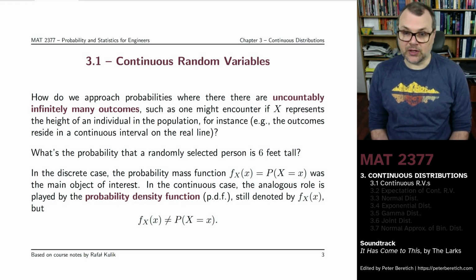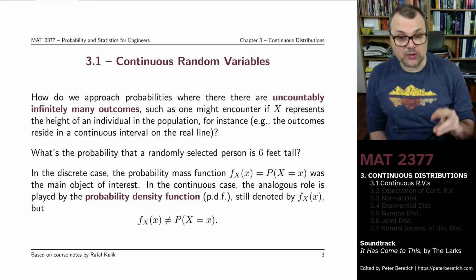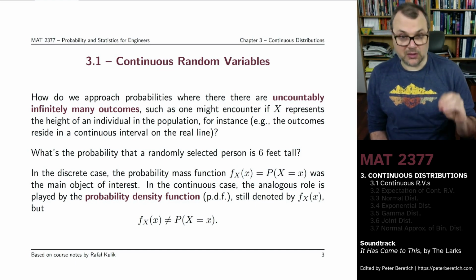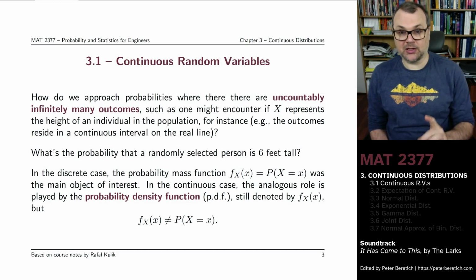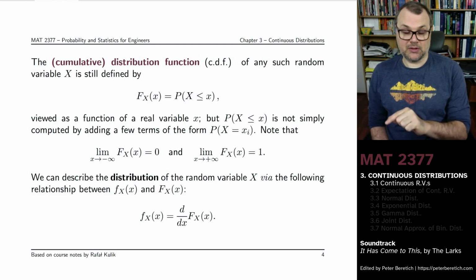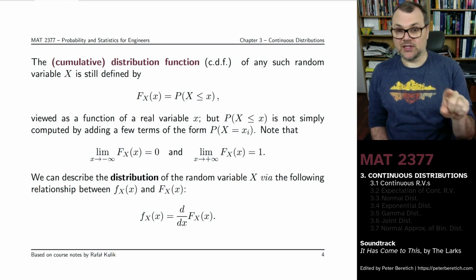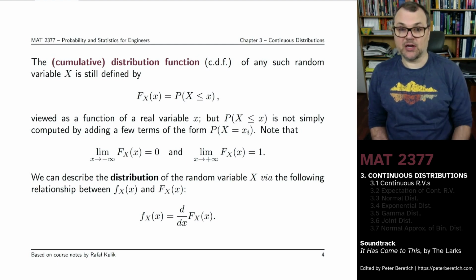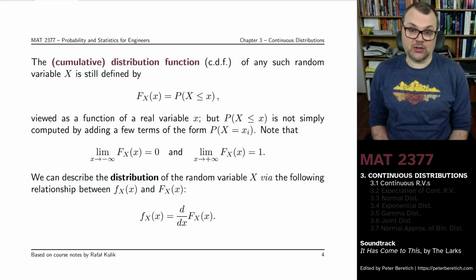We still denote it by f at x, but one of the things you need to keep in mind is that f at x doesn't actually give you the probability that the random variable will take on the value x. The big difference between continuous variables and discrete variables.